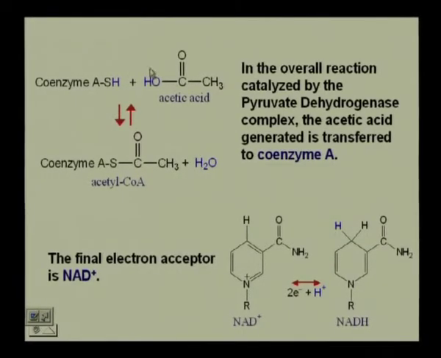We have coenzyme A, that is the thiol, with the acetic acid forming acetyl-CoA, and the final electron acceptor, because FAD is going to get to FADH2, okay, but it has to get back to FAD so that it can react again. So, the final electron acceptor is NAD+, that is the substrate for enzyme E3 that will take up the H2 that has been given to FAD and get it back to FAD.